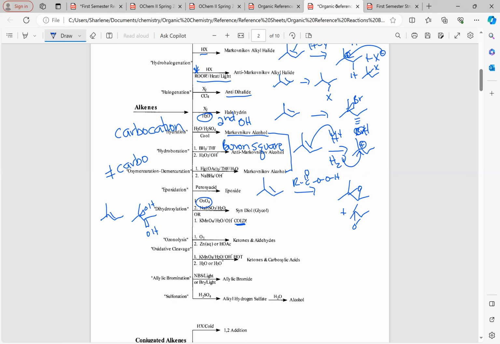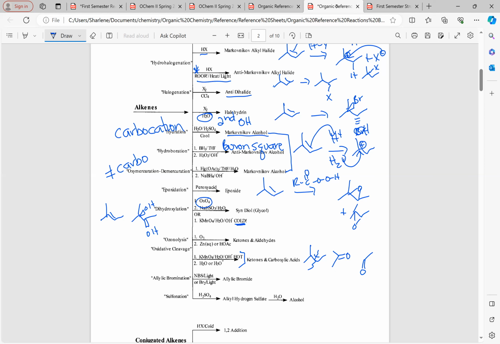So what happens if you go on? That's this one right here. It'll actually cleave through, and it puts a carbonyl in its place. And here's what I'm talking about, selective versus non-selective.